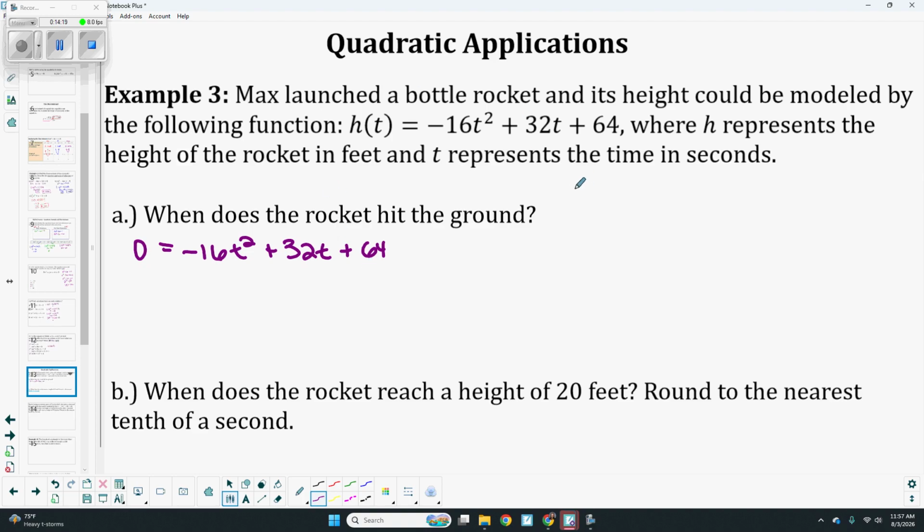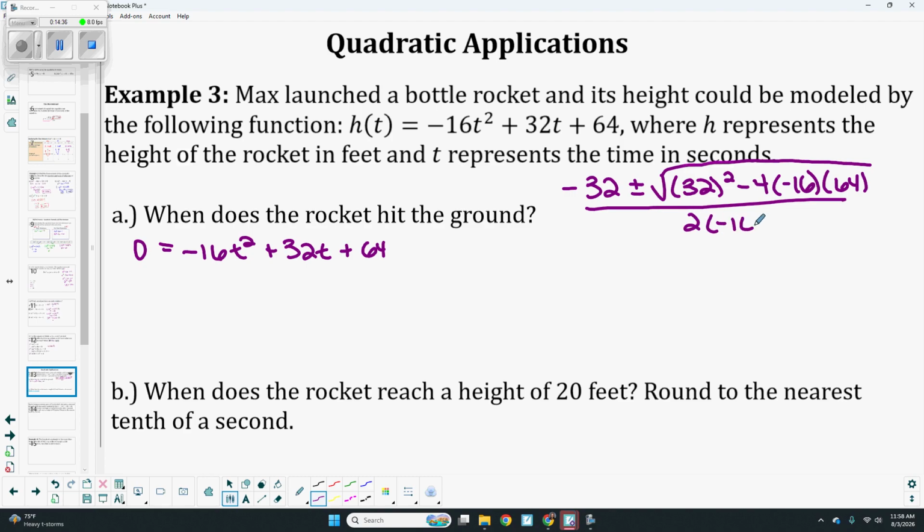So I'm going to do my quadratic formula. Negative b plus or minus the square root of b squared minus 4ac, all over 2 times a. So this is going to be negative 32 plus or minus the square root of 1024 minus 4 times negative 16 times 64.